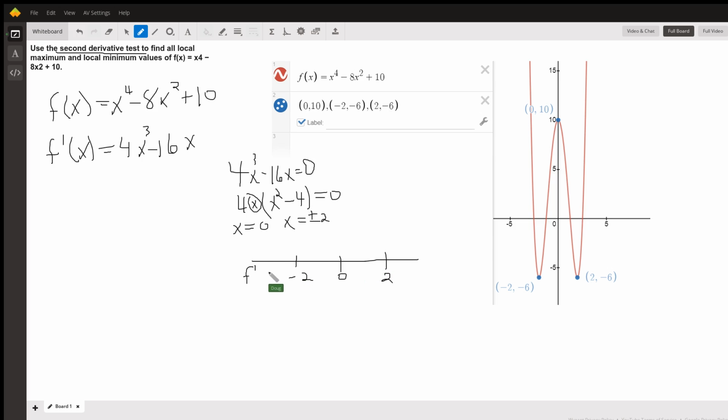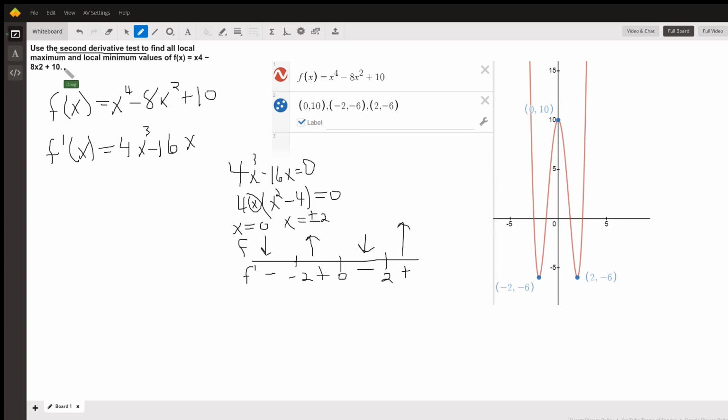For example, if I put -3 into f prime, we get a negative number, which tells us that the original function is decreasing. And I'll just draw the rest of these arrows here. This is positive, negative, positive. So the fact that the function goes from decreasing to increasing at -2 tells us that -2 is a local minimum. And likewise at 0, we have a local maximum.